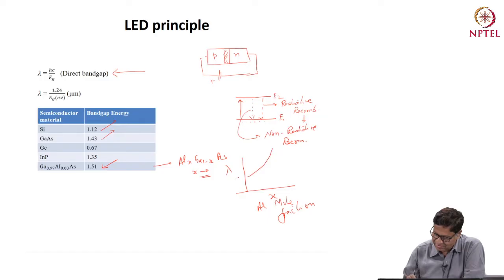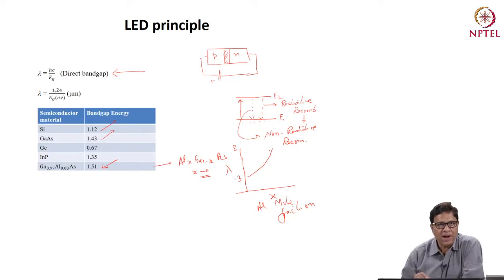This is the starting point 0.3, and this could be 0.8. So by changing this value of x, that is the doping concentration of aluminum in the material, you can get different values of band gap energy and hence lambda.